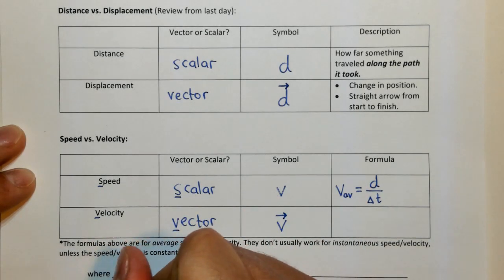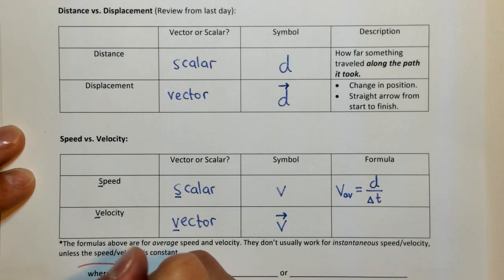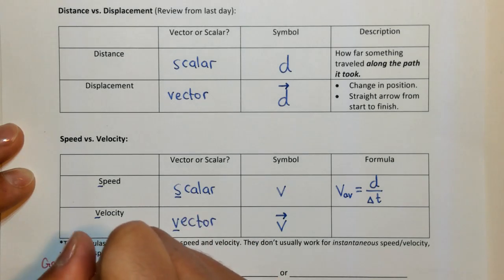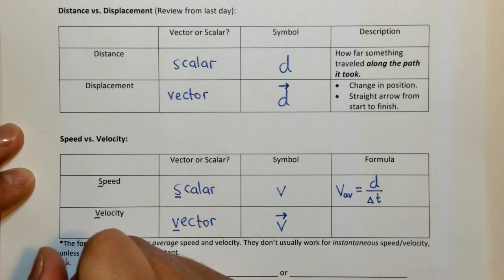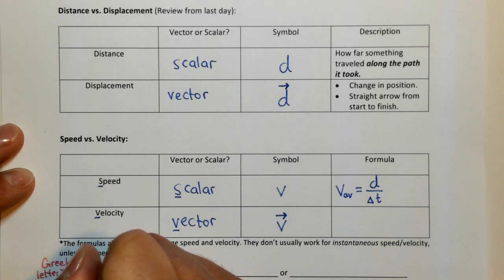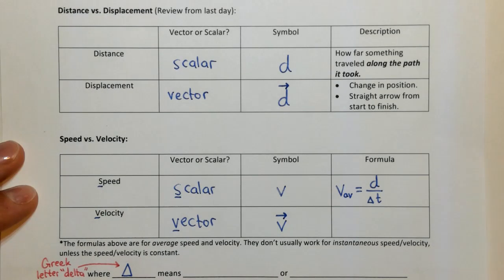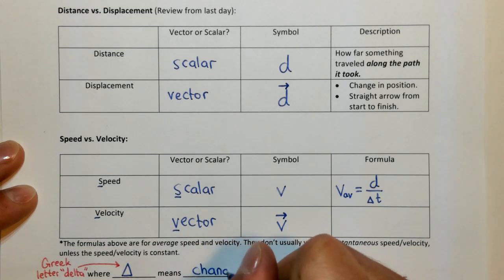So this triangle is the Greek letter delta. And it means the change in something.